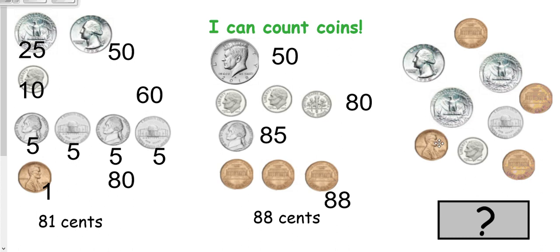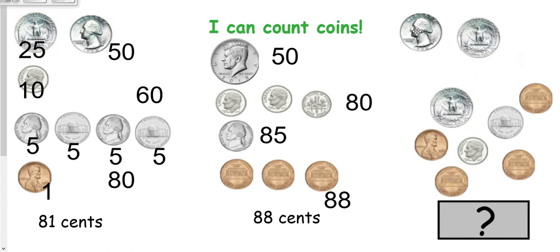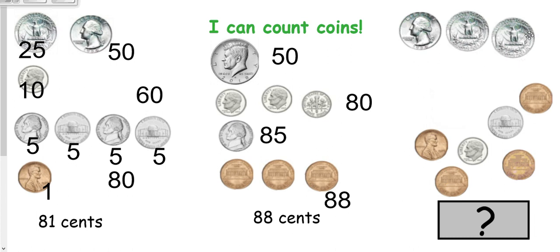First thing we want to do is sort our coins. Put all of your, are these quarters or half dollars? They are quarters. We want to put all of them together. Yep, they have George Washington, and these have eagles, so I know that they are quarters.